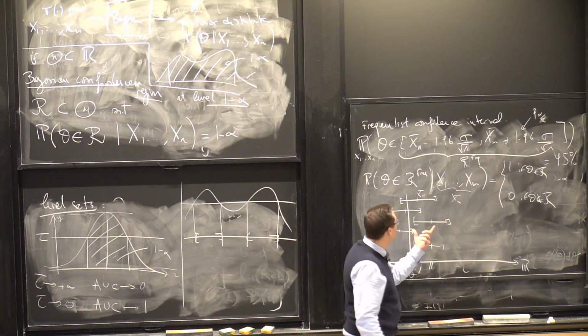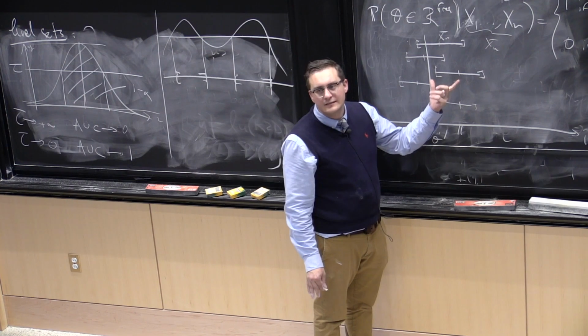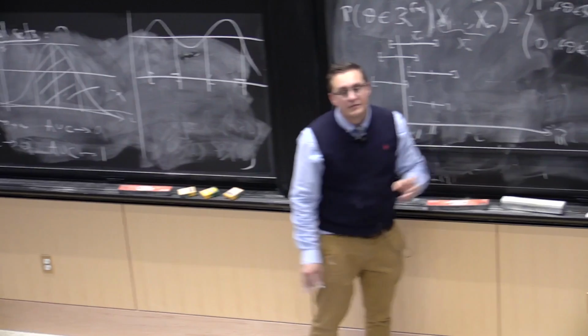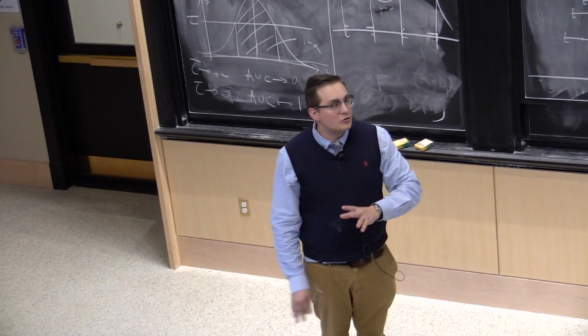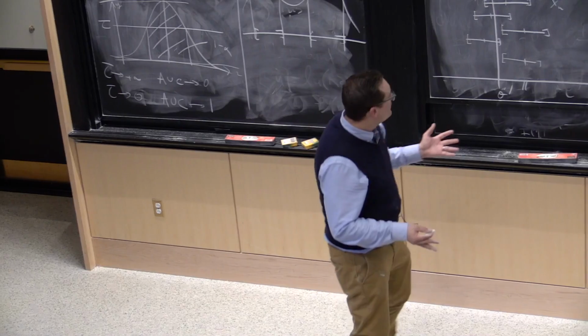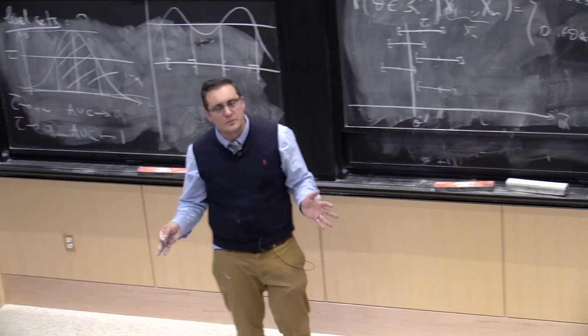You can build a test for whether theta is equal to theta naught or not equal to theta naught by just checking whether theta naught is in a confidence interval or not. And what it means is that if you are doing those tests at 5%, then if you do this over and over, 5% of the time you're going to be wrong.